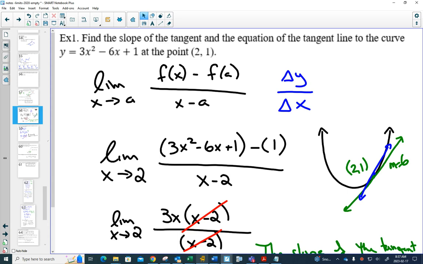And as this secant line got closer and closer, we found out that the slope was equal to 6.